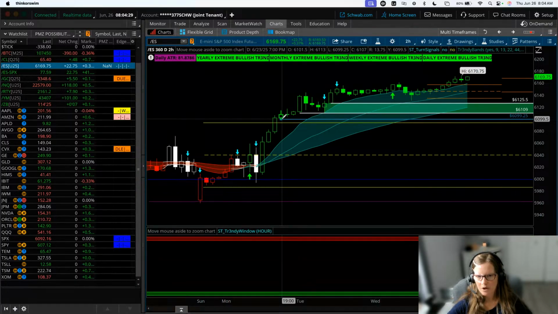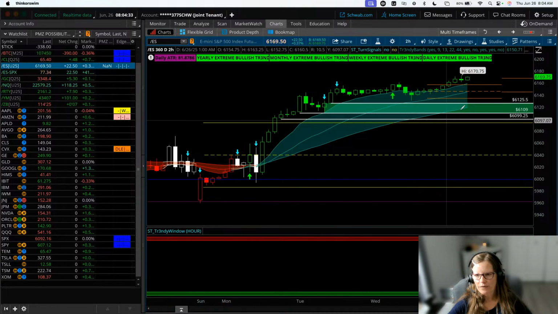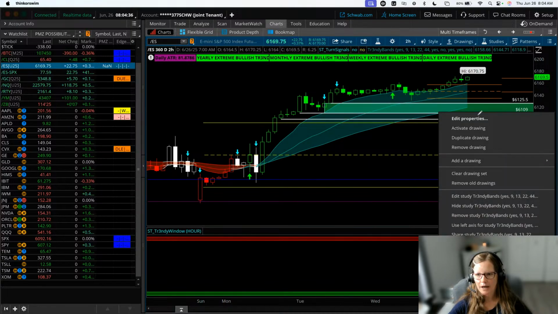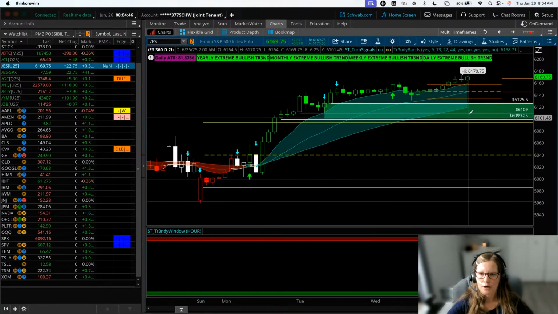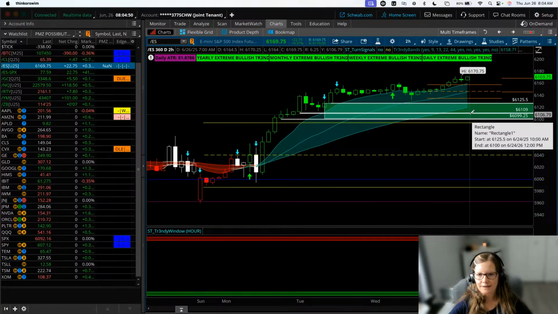So I want to mark that level as well. And that goes along with the 6100, which tends to be a psychological level. So that zone for me is 25 points wide. It is where I'm expecting buyers to show up today if we pull back to there.